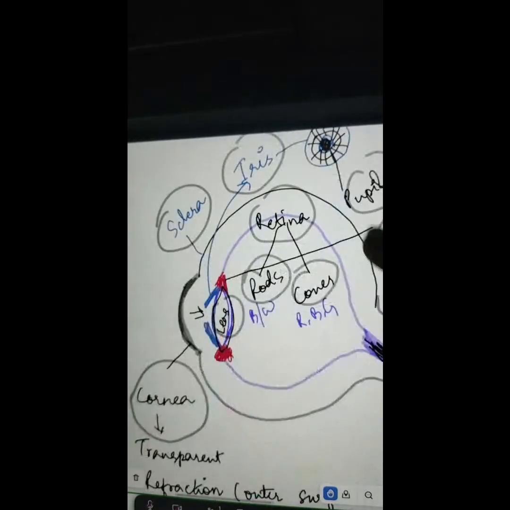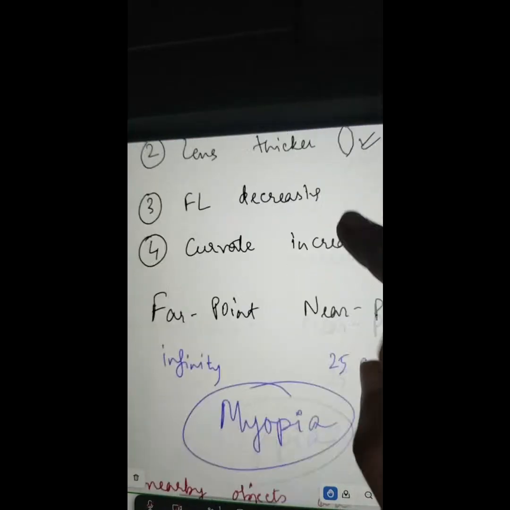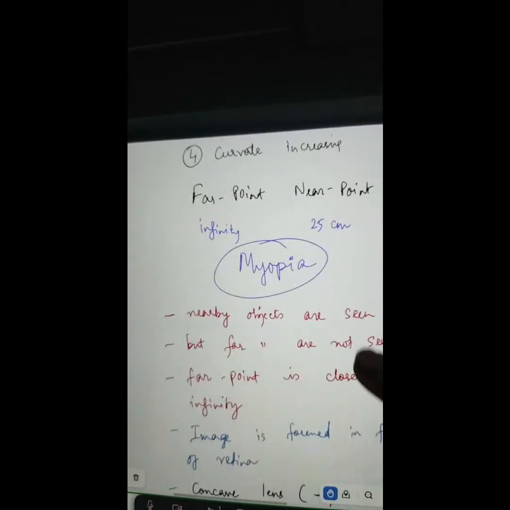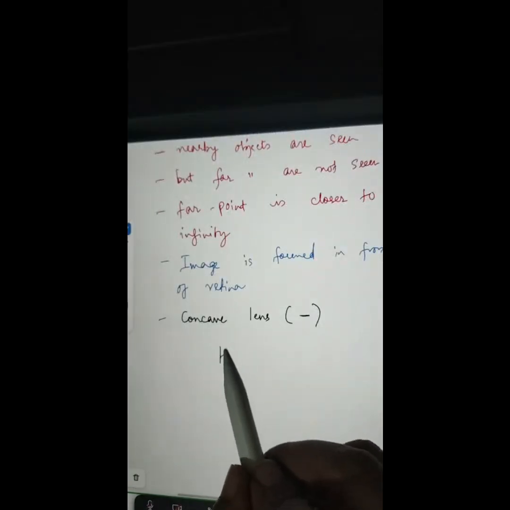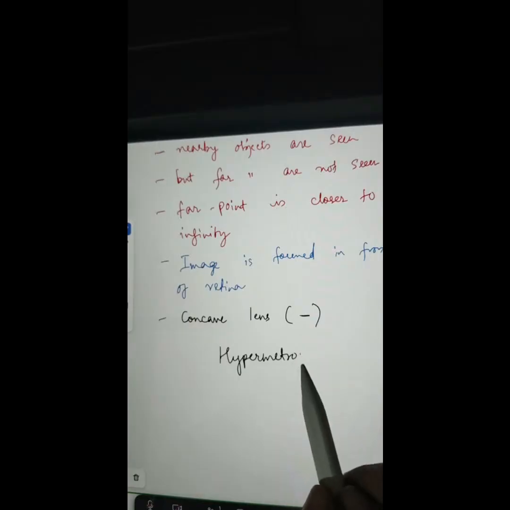It can be divided into many subtopics for the exams. So with this, we are done with myopia. Let me give you an explanation of hypermetropia, and then I will come to the diagram. So our next heading is going to be hypermetropia.